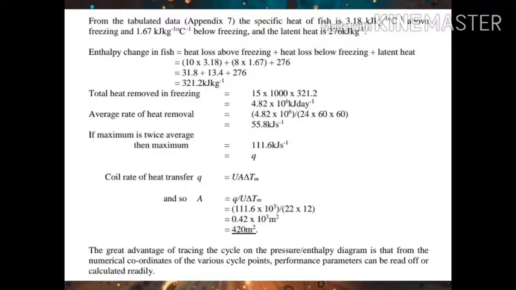Average rate of heat removal is equal to 55.8. If maximum is twice average, then maximum is equal to 111.6. The coil rate of heat transfer is equal to UA times delta T, and A is equal to Q over U times delta T. So the answer is equal to 420 meters squared.